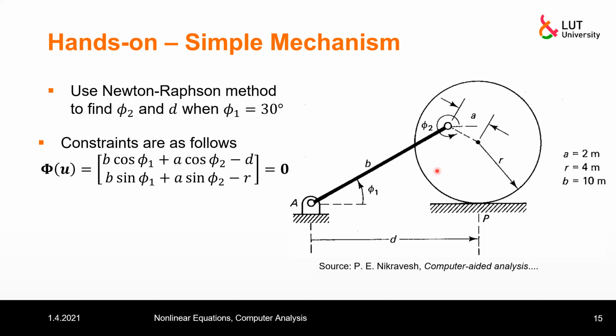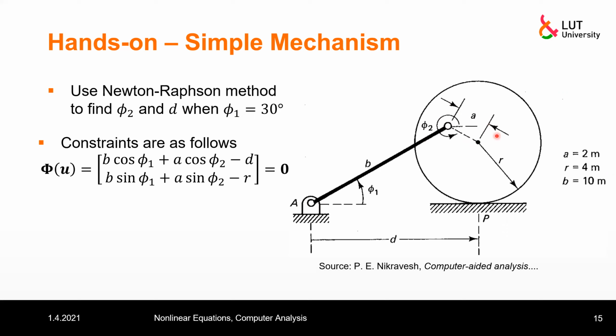Here is a mechanism. It's quite a simple mechanism. It has just two bodies. This is one link attached here to the ground at point A, and it's attached to this circle at some point. This point is shifted from the center of the circle by the length a.